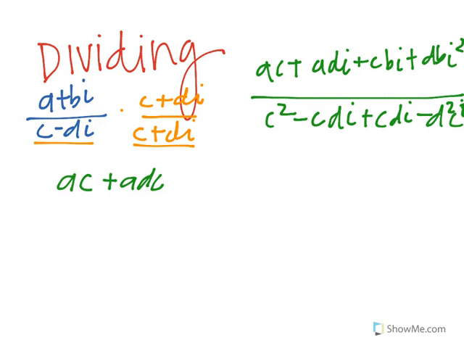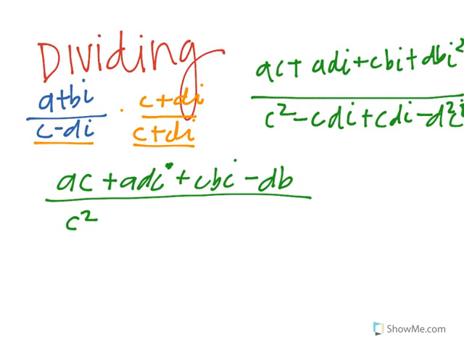And so what we'll do is simplify out the top and the bottom. We'll find a common denominator and break it into one part with real numbers and one part with the imaginary component.